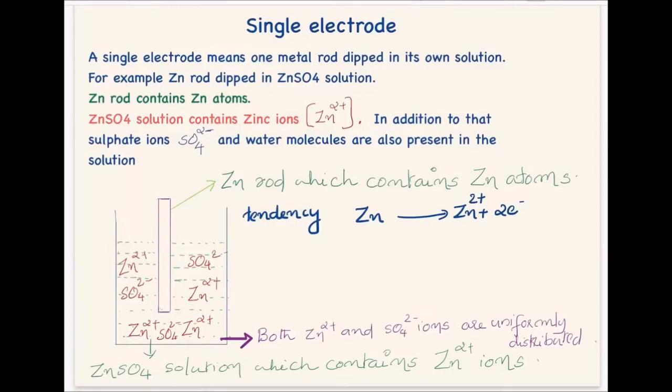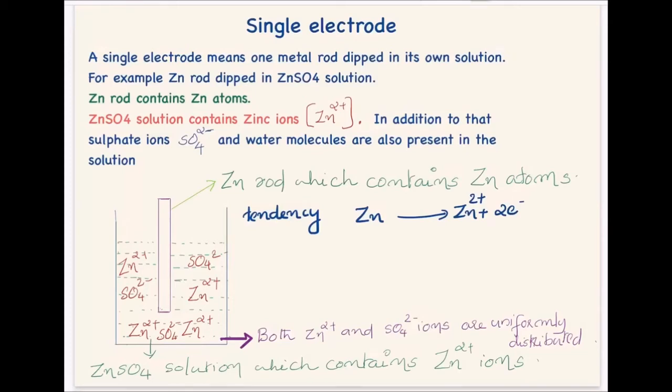If it becomes zinc ion, ions cannot stay in the metal rod. What do they have to do? They have to come into the solution. So first tendency, zinc atoms in the zinc rod have a tendency to release electrons and become zinc ion and go into the solution.